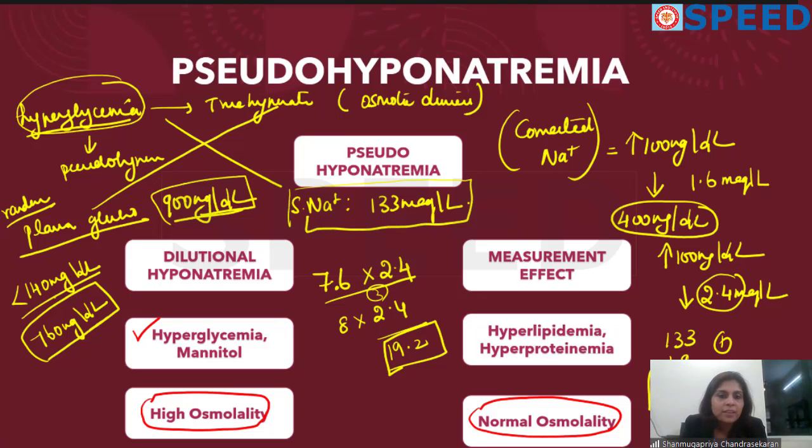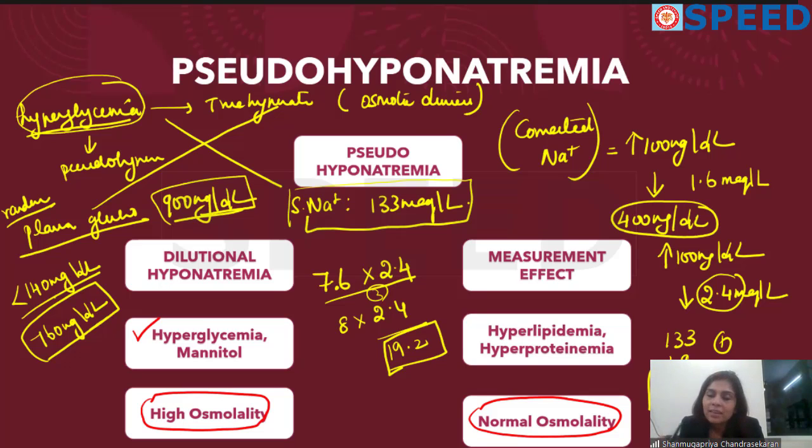Whenever there is osmotic diuresis, there can be true hyponatremia. So when you estimate sodium values in a person with hyperglycemia, if it happens to be low, you will have to correct the sodium. In the sense, you will have to correct the dilution effect caused by the glucose and see whether it's normal, low or high.